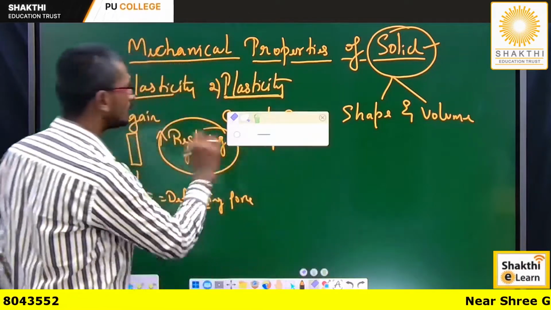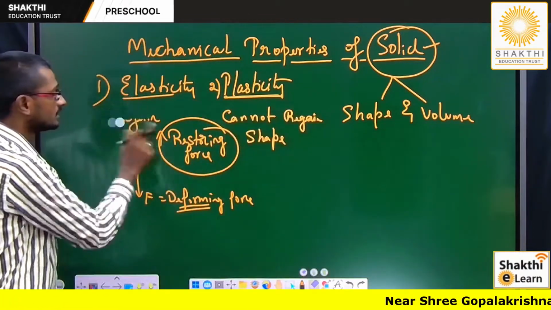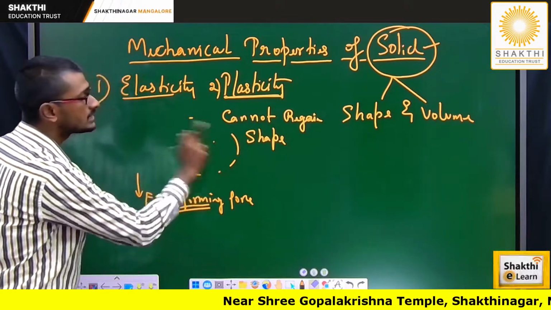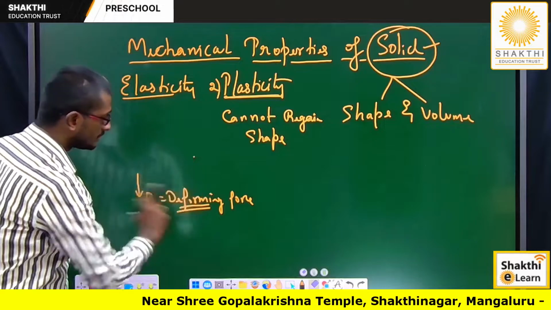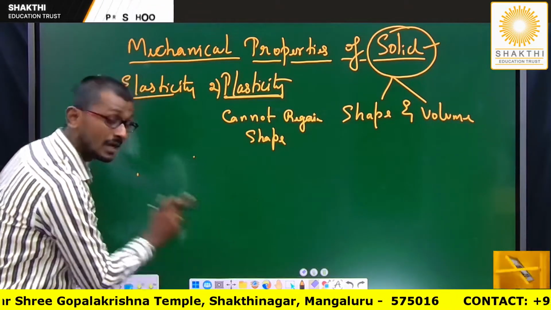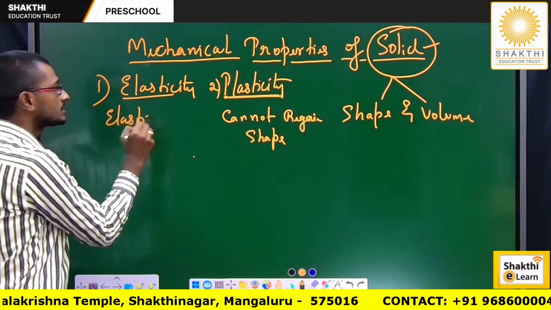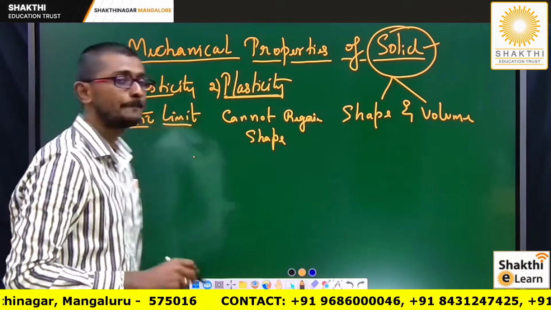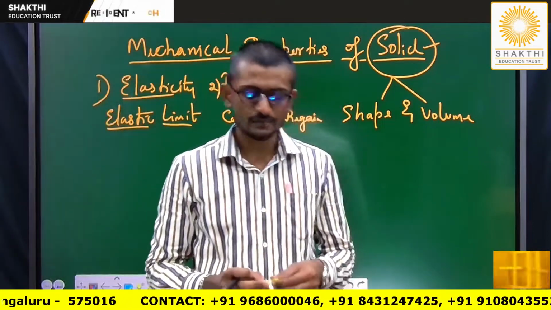In this elastic body, we have something called the elastic limit. We'll see what this elastic limit is. Elastic limit is nothing but an upper limit. Now for example, again we'll take this rubber band.